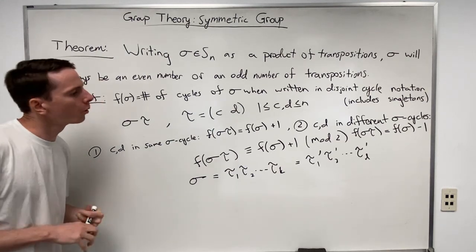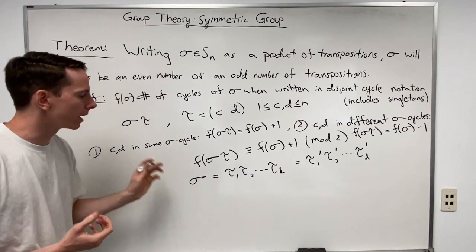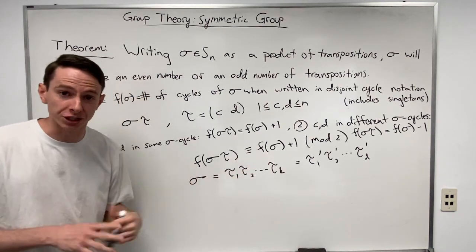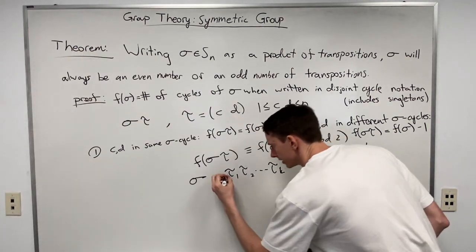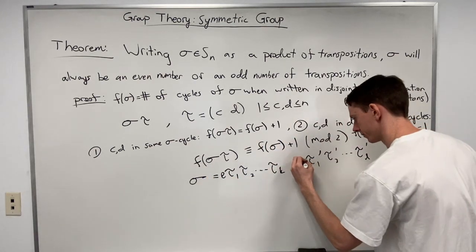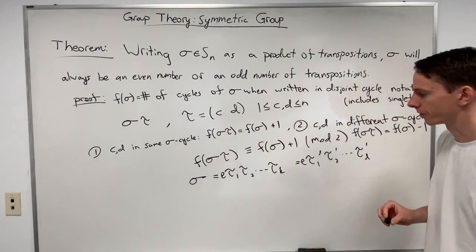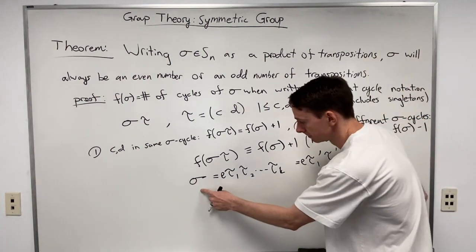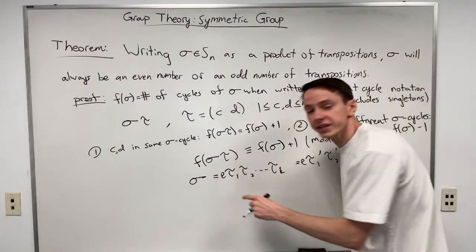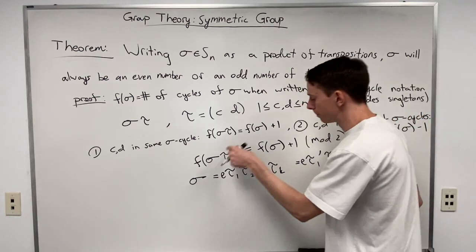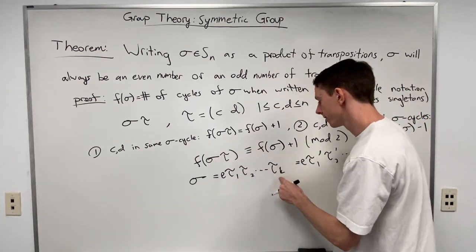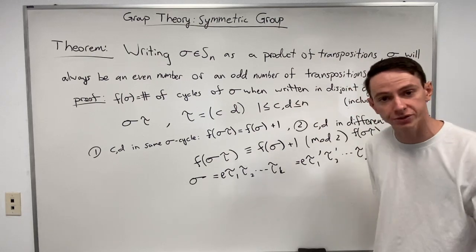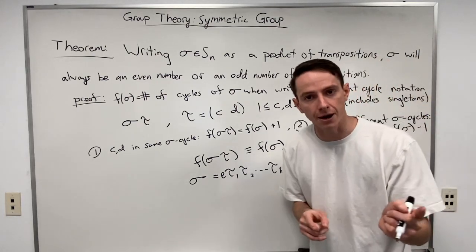Well, hopefully we know that applying the identity element won't change anything. So I can apply the identity element right here, and we're going to get the same thing, right? And now we can construct sigma just by starting with the identity and then repetitively multiplying by each individual transposition, one at a time.